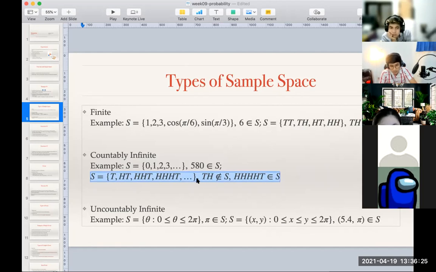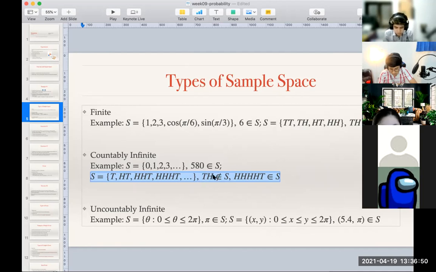And then you see here, how can I say that the last coin should only show up tail? Because you can see in the second part, TH, tail and head, is not an element of sample space S. So that's why tail should never come up from the first coin.